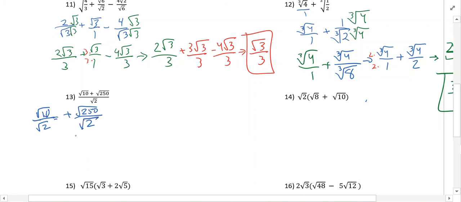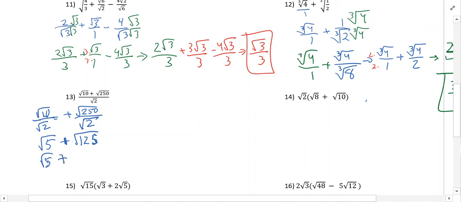So then, right now, I can reduce them. So rad 10 over rad 2 would simplify to radical 5. Here, I bring down the plus sign, and rad 250 divided by rad 2 would leave me with the square root of 125. So now rad 5, I'm going to leave alone for right now.